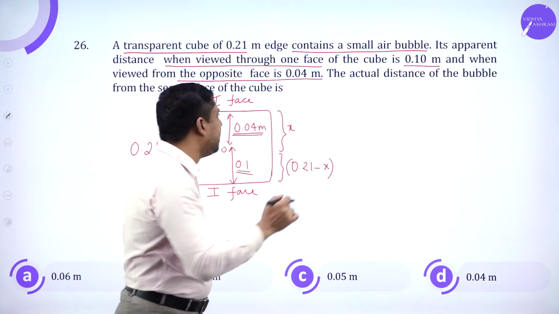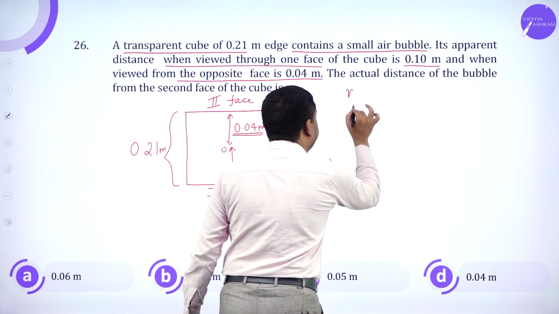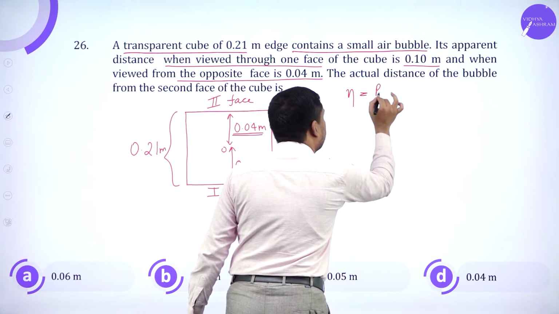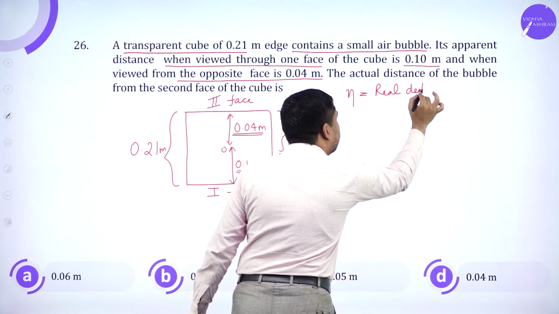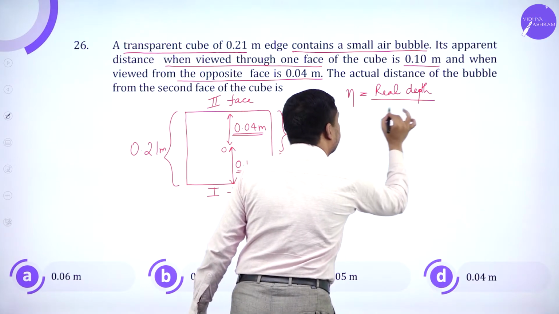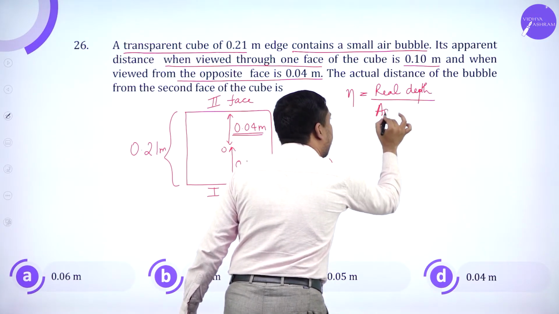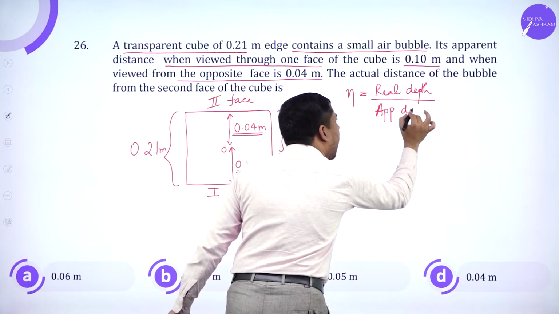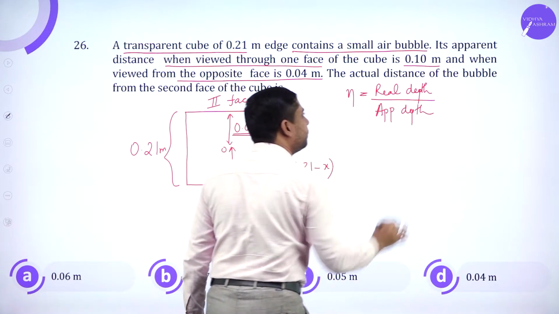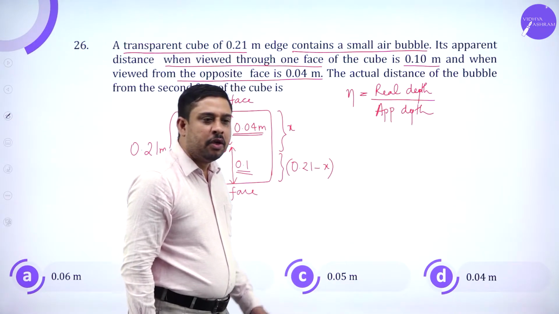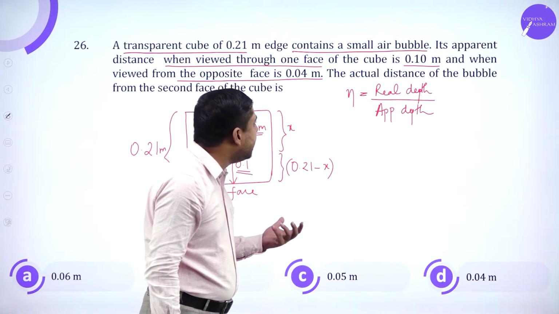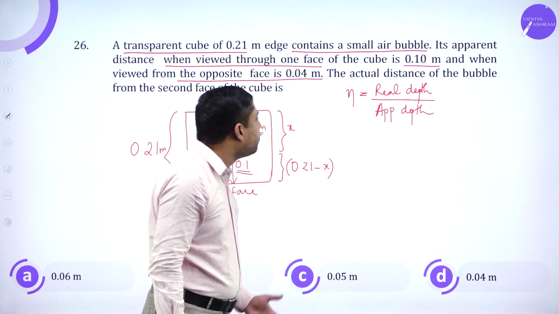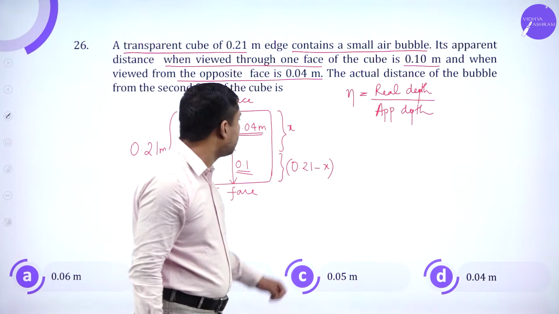Now, by definition of refractive index, I know it is real depth divided by the apparent depth. Is it not? You have studied that it is real depth divided by apparent depth.